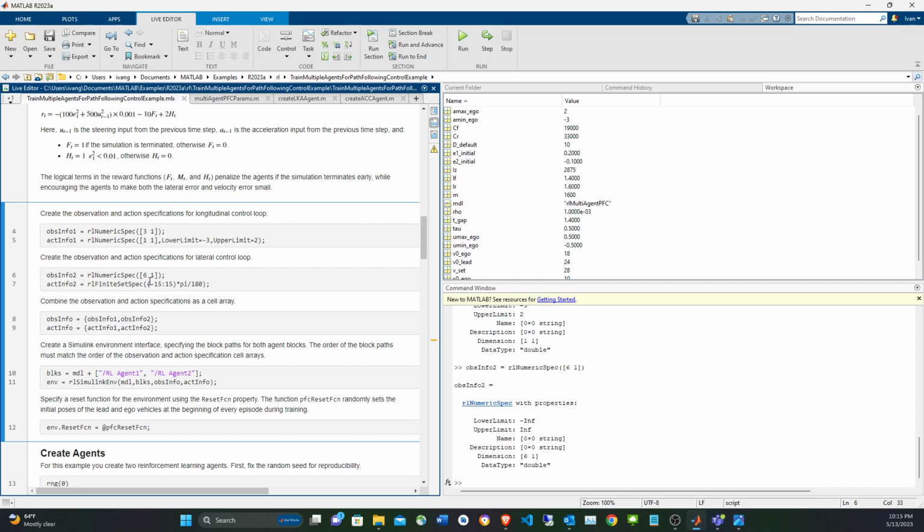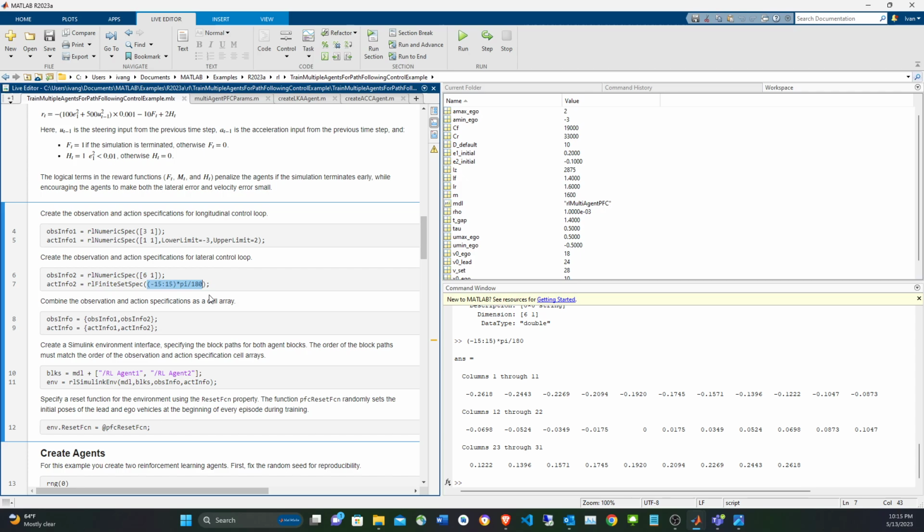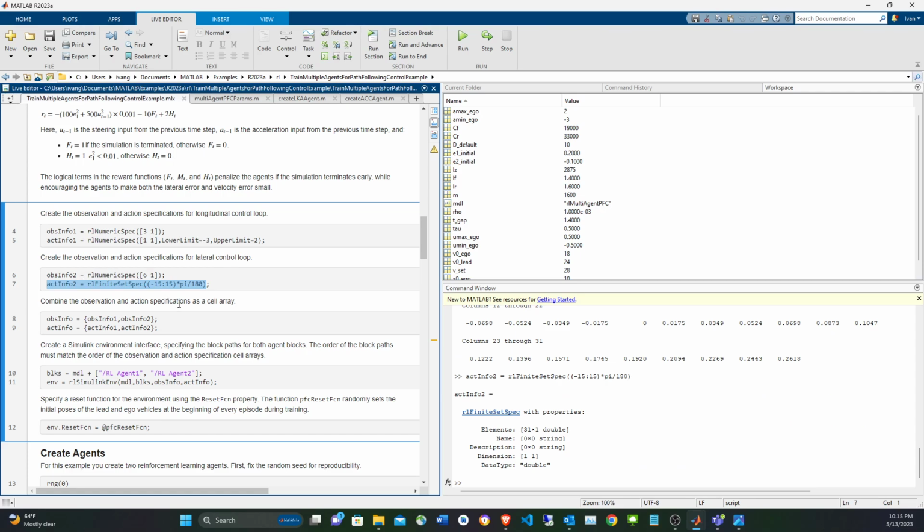So we had to create a discrete set of actions. In this case, we're going to go from negative 15 degrees to positive 15 degrees. So we divided, and basically we create a total of 31 possible actions. So that's how we discretize the actions for the steering agent.